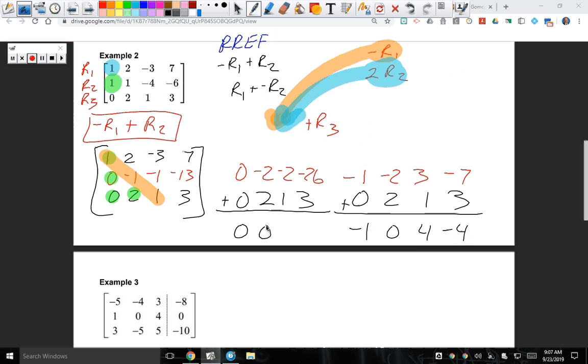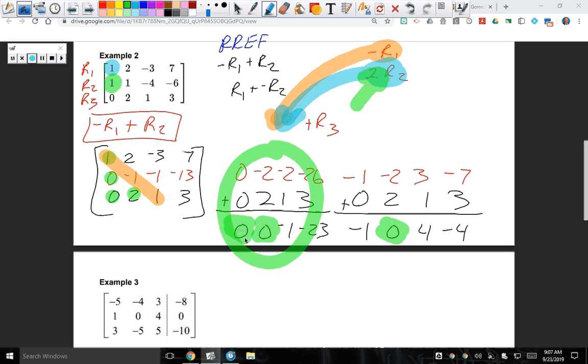Here I'm going to get 0, 0, a negative 1, and a negative 23. They both accomplished what I was trying to get them to do, but only one of them is right. Which one is it? The left one. The left one right here, when I multiplied by 2. Because I need this 0 to stay a 0. I cannot change it and undo what I just did the step before. Okay? So you'll see as you progress, you want to borrow the ones that have these zeros already in there to make the other ones become 0. Otherwise, you're going to add back on. And you just undid your progress.